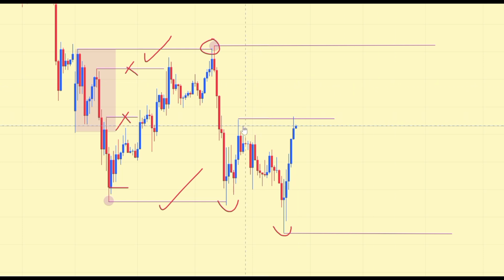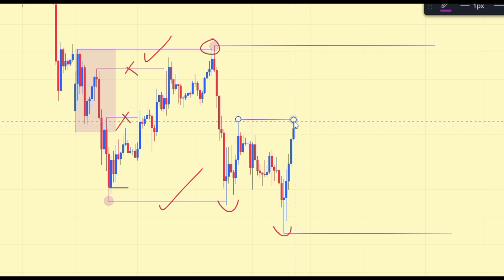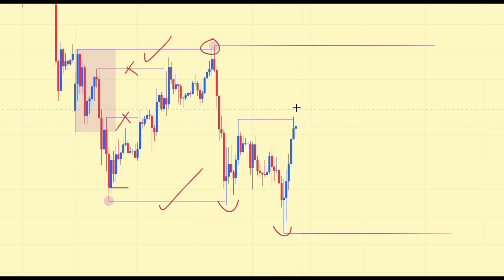Alright, and exactly right here, we can see that price wicked above the inducement and closed below this now. On the previous part, when I was showcasing marking the order flows and order blocks, I said that once price breaks past the inducement, that's when we start marking the order flows. But in this case, price has wicked.